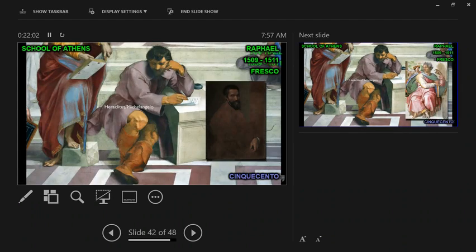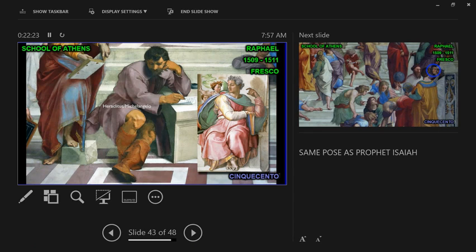He was not originally there when the painting was first painted, but he is painted as Michelangelo. So the character is Heraclitus, but he looks like Michelangelo, and he's even in a pose similar to one of Michelangelo's pieces that we'll see very soon.